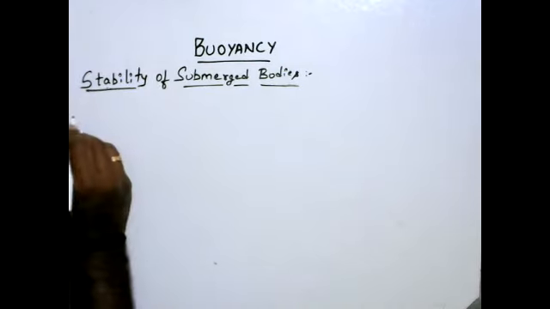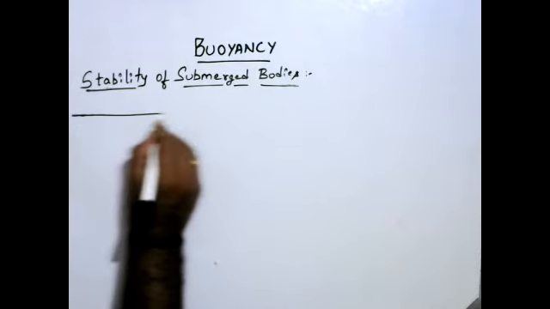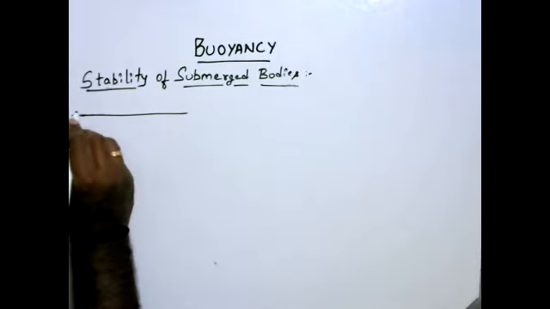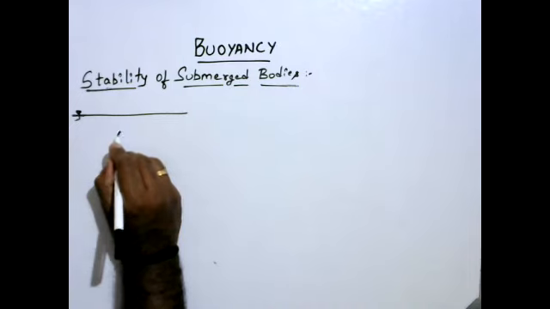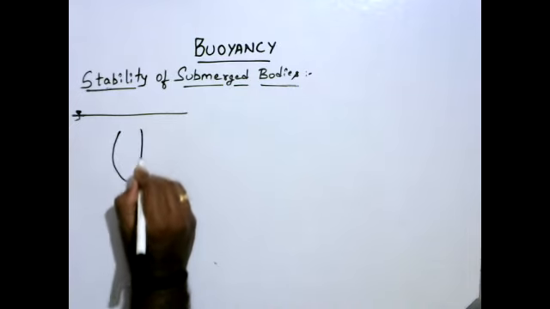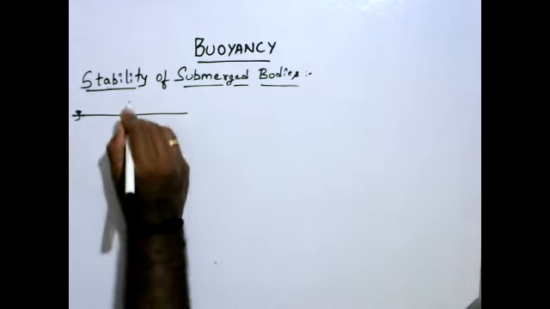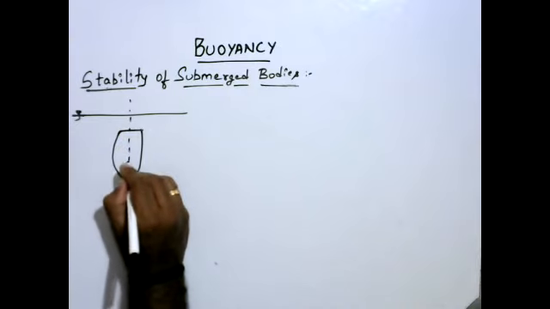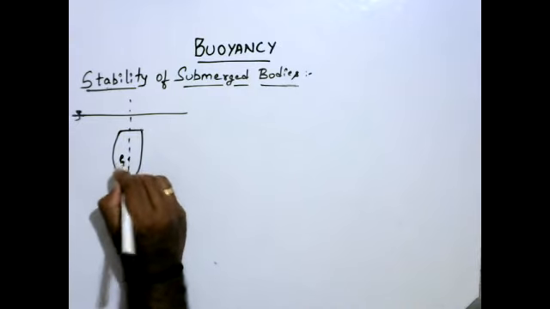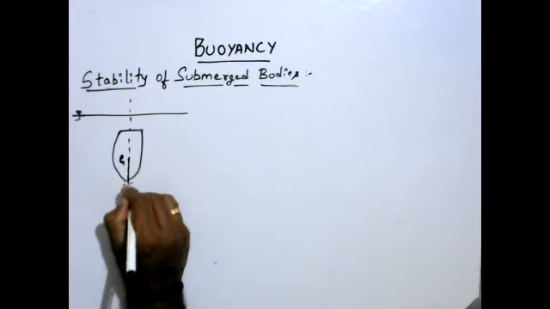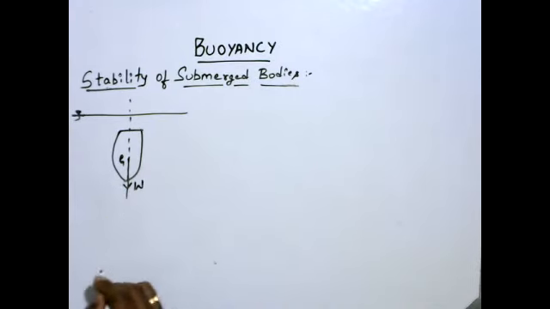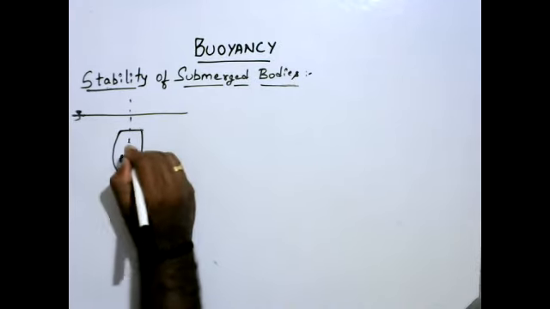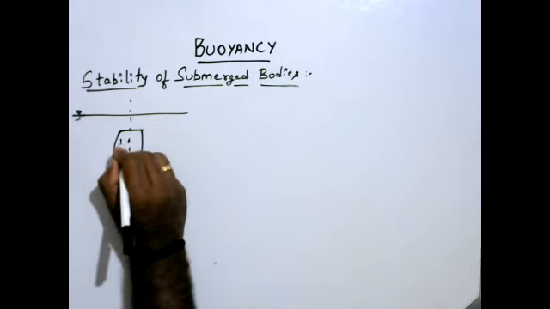Now I consider the center of buoyancy above the point G. So let me take the same body. This is the axis. I'll take the center of gravity here where the weight of the body is acting. Now I'll take the center of buoyancy above the center of gravity.